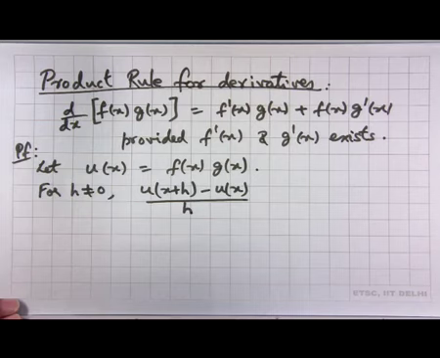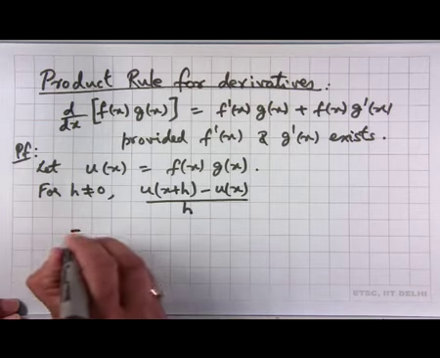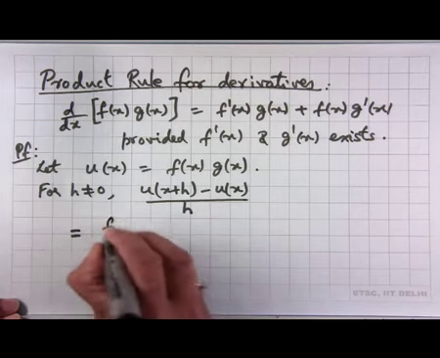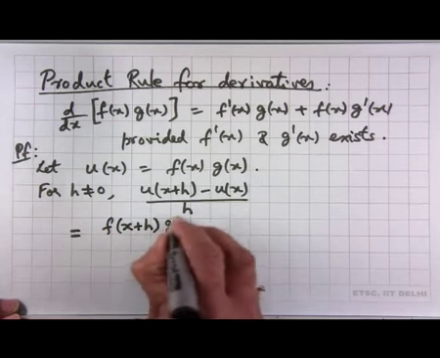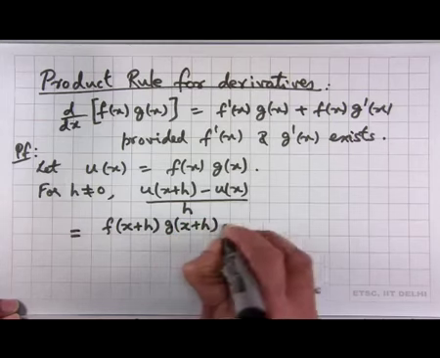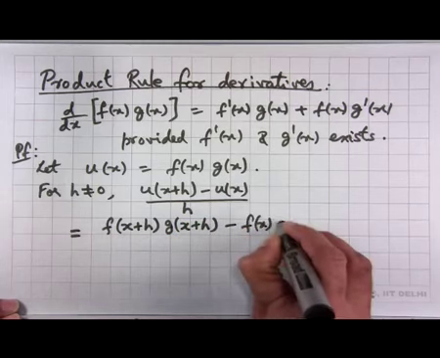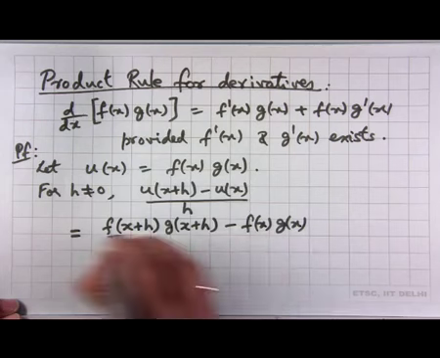You have to look at what is this. So, let me write this. This is equal to, u is the product of f and g, so I get f of x plus h times g of x plus h minus f of x times g of x divided by h.